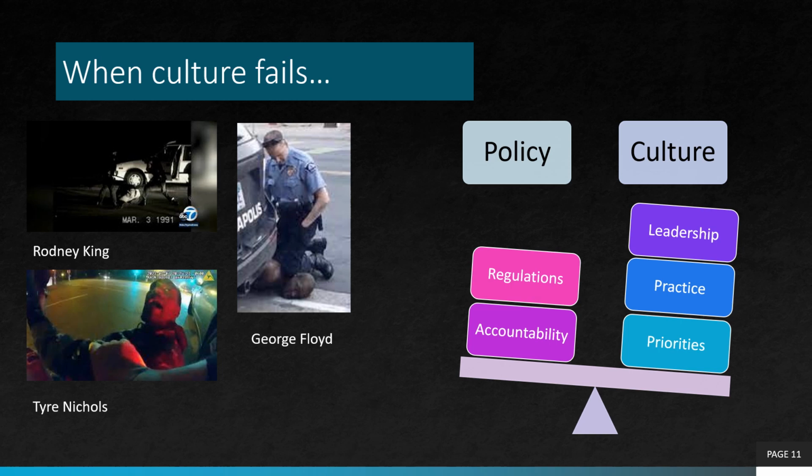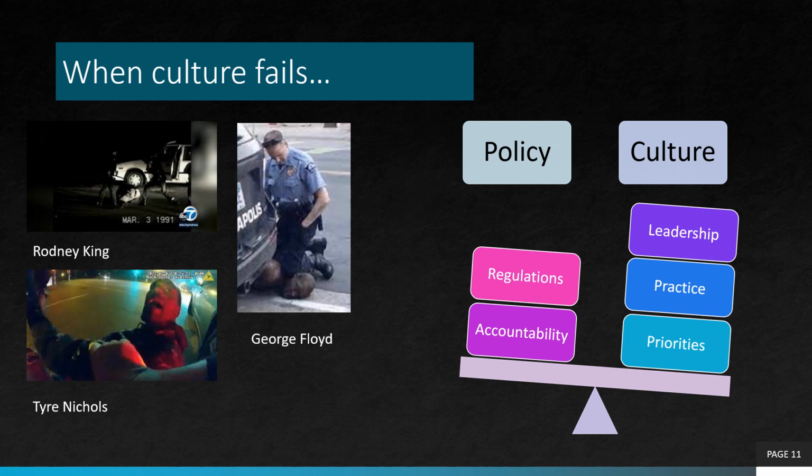Maybe, but probably not. If the cultural norms were that we have a high value of every citizen that we contact, and we're going to treat them with respect and recognize that they're all members of our community, and we're here to protect them and serve them, then your attitude during that contact would be different.